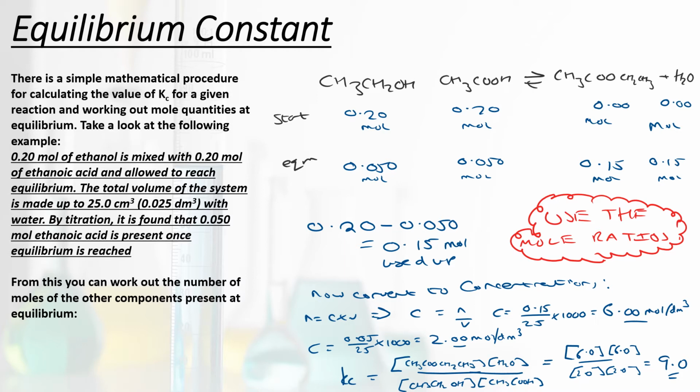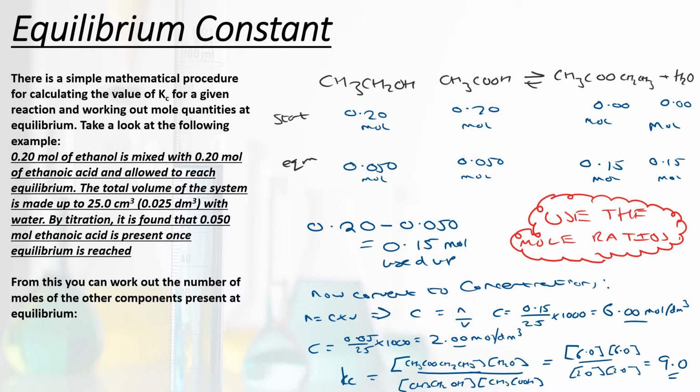And again, we need to look at our mole ratios. We have 1 mole of reactants producing 1 mole of products for each reactant and product. And so, if we've used up 0.15 moles, we have a 1-to-1 ratio, and therefore the moles of our ester is 0.15 moles. And likewise, the mole ratio between the ester and the water is 1-to-1, and so we also have 0.15 moles of water.